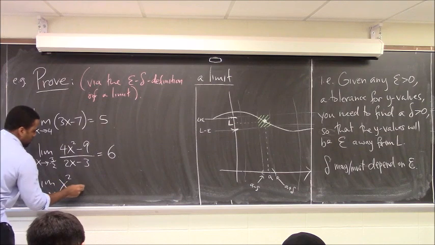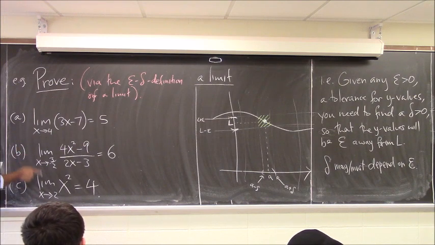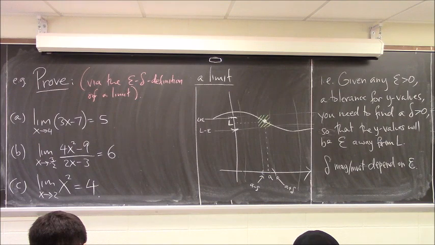Even just this one is probably more complicated than you think to prove. This is easier to prove than that, and that's crazy. So for Calc 1, we're going to keep the examples relatively simple.